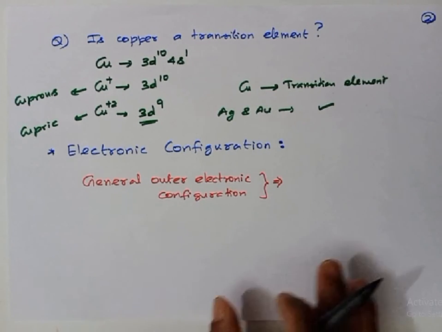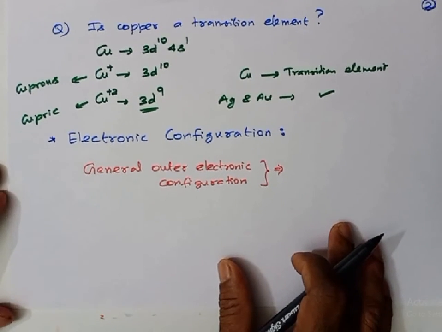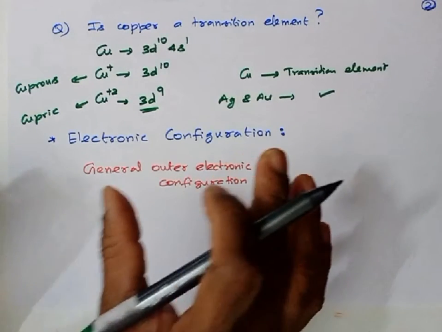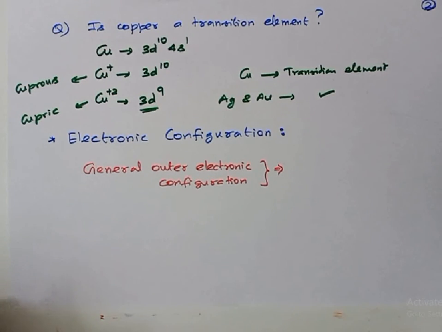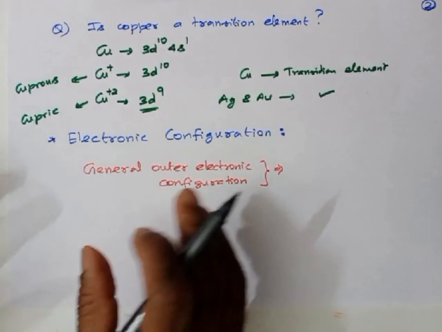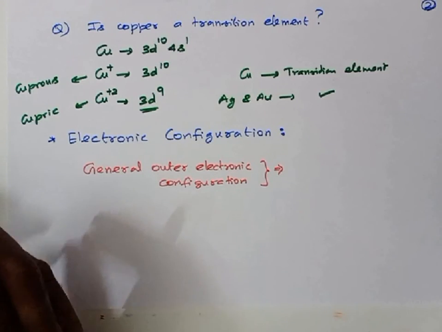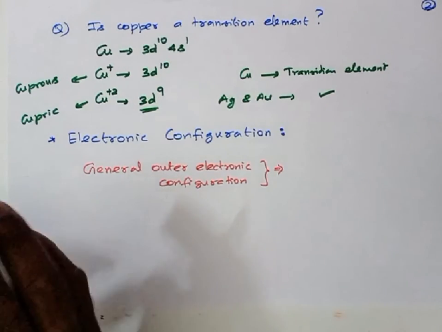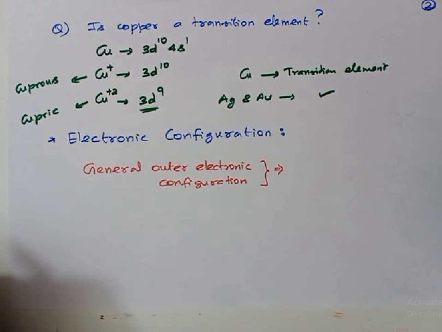Okay. Then, now we'll see another important part of d block elements called electronic configuration. Electronic configuration means how electrons are arranged in different subshells of an atom of d block elements.